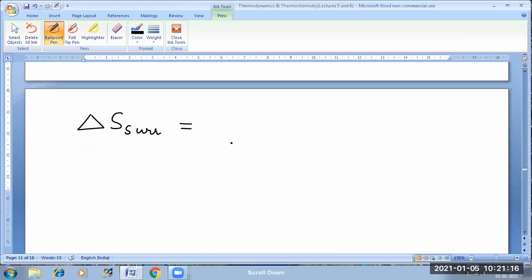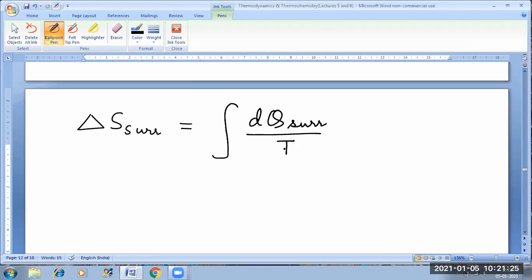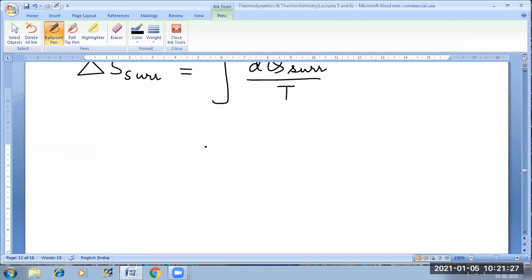Now, can I say that in this, the actual heat gained or lost by the surroundings will be calculated in this manner. Now try to understand this. This is a bit confusing.